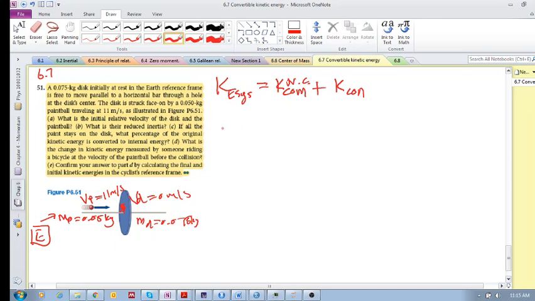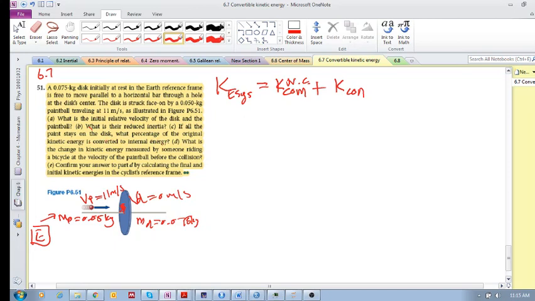A and B don't require much understanding; you can just go and solve them. But question C is what they are really looking for: how much kinetic energy is converted to internal energy.